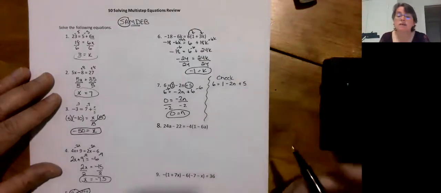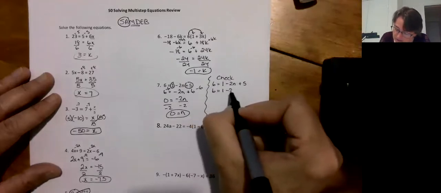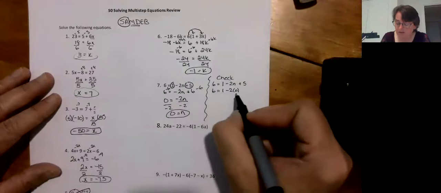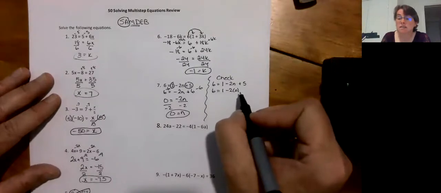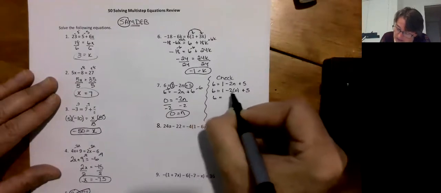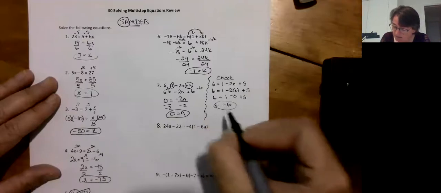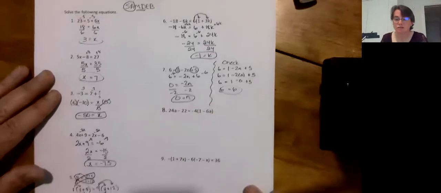So I'm rewriting the equation exactly the way it is. 6 is equal to 1 minus 2 times 0. Now notice I put it in brackets because otherwise it's going to look like 20 plus 5, 6. Okay, 1 minus 0 plus 5. Oh yeah, we're good. 6 is equal to 6. Never mind. Just paranoid does.